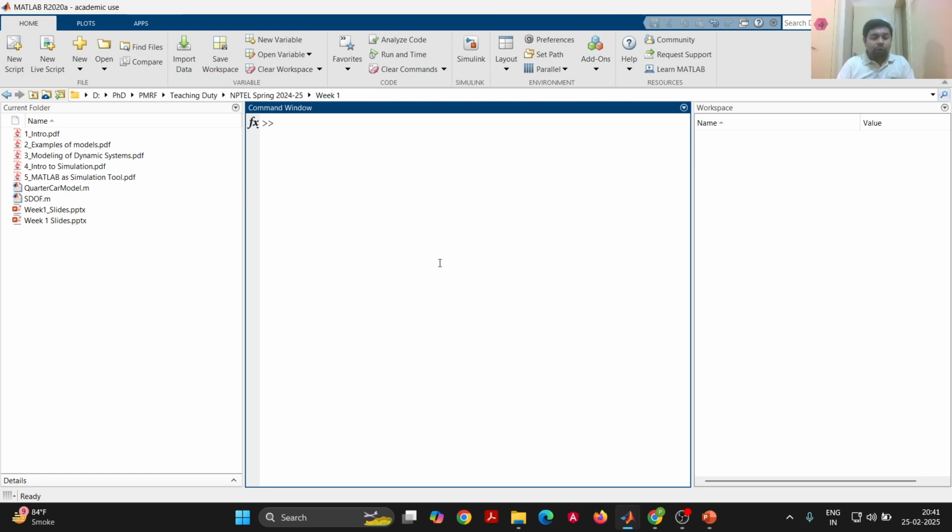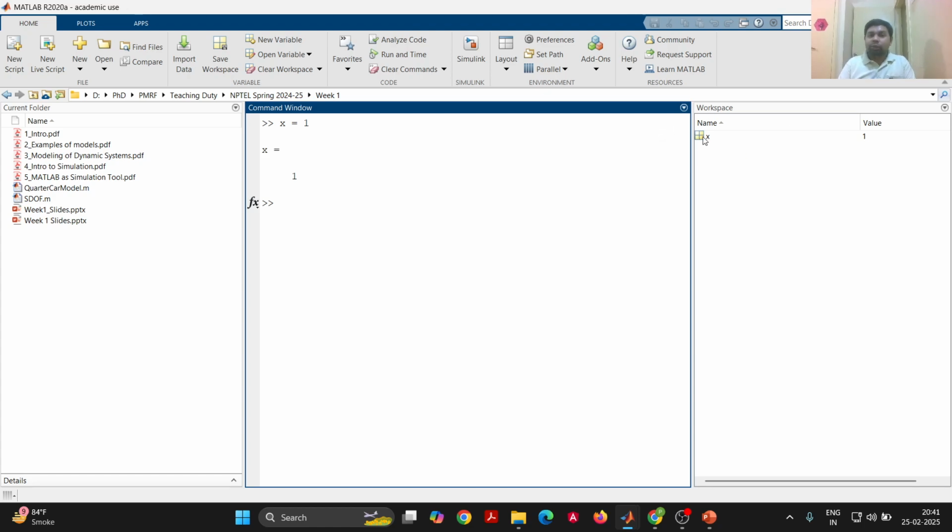Let us say x is equal to 1. You will be able to see this in the workspace, the value of 1 has been assigned to the variable x.